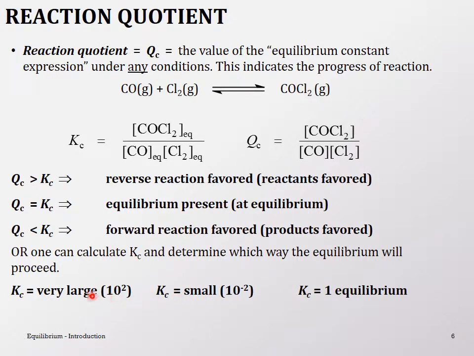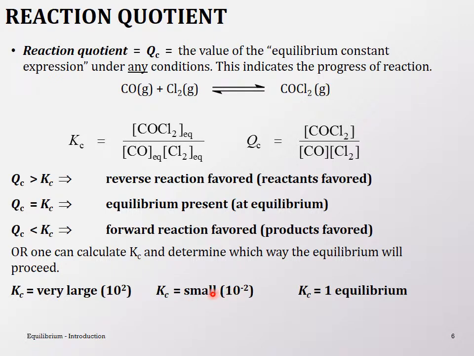Now, in general, it depends on the Kc that you get. But if you look at an equation and you see that Kc is very large, that would be considered like 100 or more. If Kc is small, then it is like 10 to the negative 2.